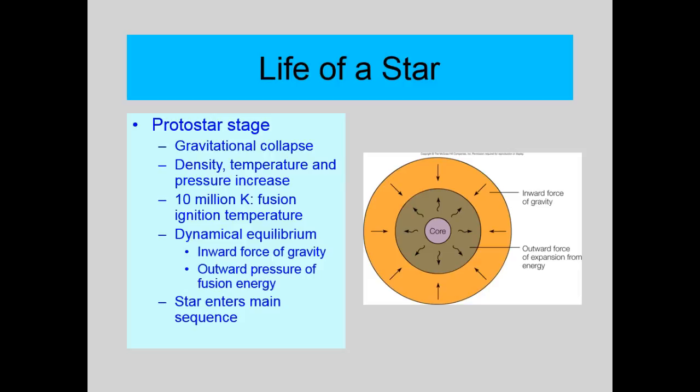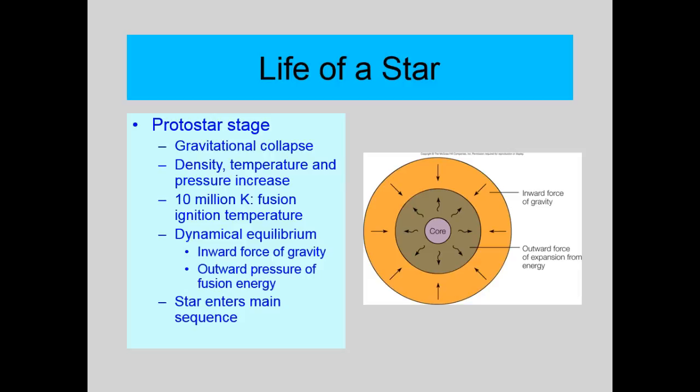So this isn't quite the same diagram as before, but this explains the forces of that diagram. Inward force due to gravity, outward force due to the fusion explosions. And when this is balanced, you have the dynamical equilibrium. Now it's a star in the main sequence.